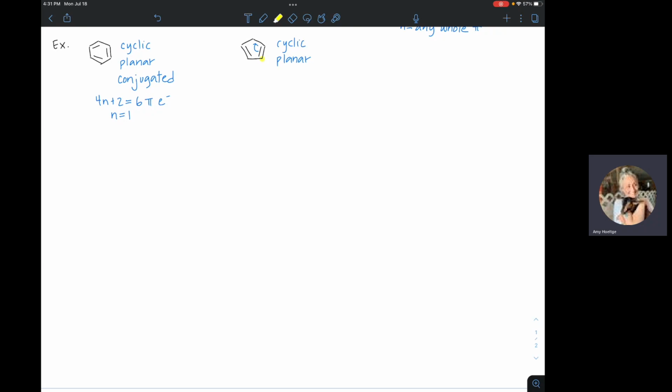I have two hydrogens on that other carbon, so I have too many electrons around that carbon at the top if I were to move those electrons, right? So that's not okay. So in other words, I don't have a conjugated pi system. So immediately this is not an aromatic compound.